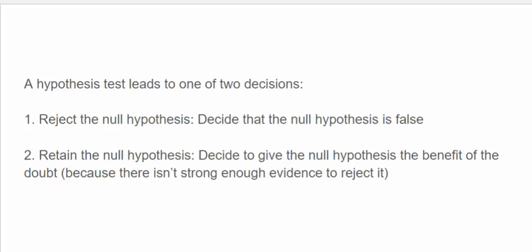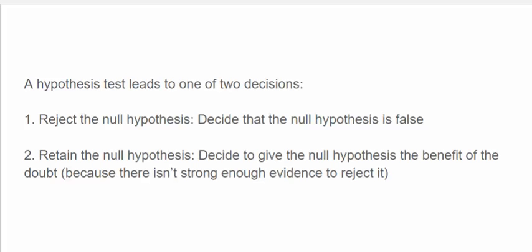If that's my conclusion, I've rejected the null hypothesis because I've rejected the possibility that nothing is happening, and I've decided that there is something happening, right? I've rejected the possibility that temperature has no effect, and I've confidently decided that it does have an effect. So that's rejecting the null hypothesis.